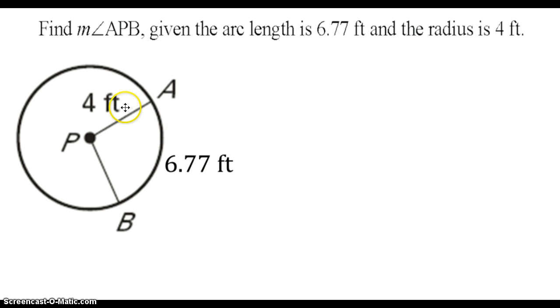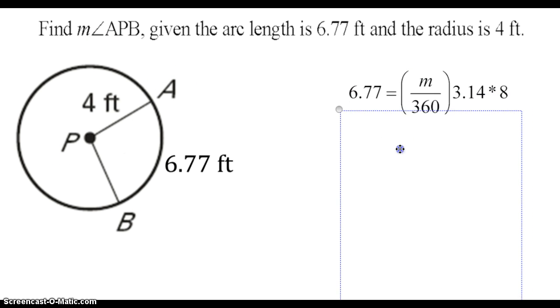The radius of the circle is 4. What I'm looking for is the measure of angle APB. So I'm going to set up an equation that is arc length equals the measure over 360 times 3.14 times the radius times 2, or I just put 8 there.